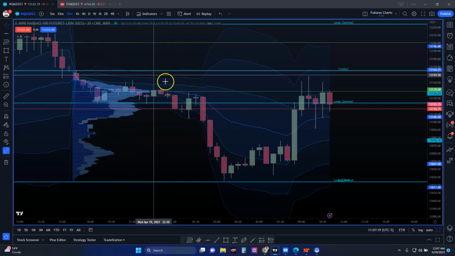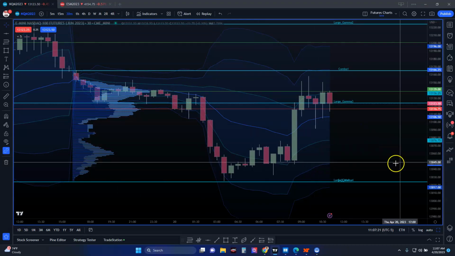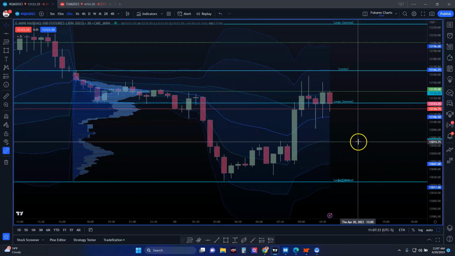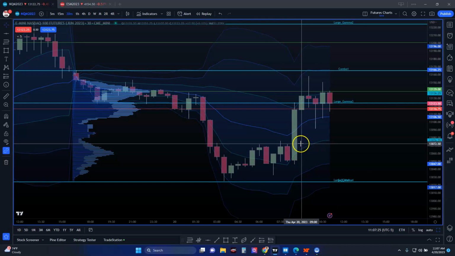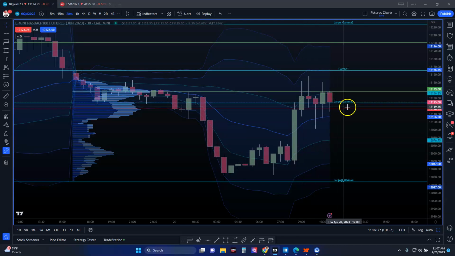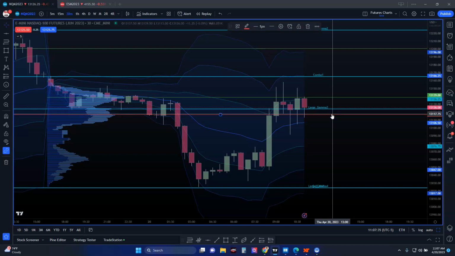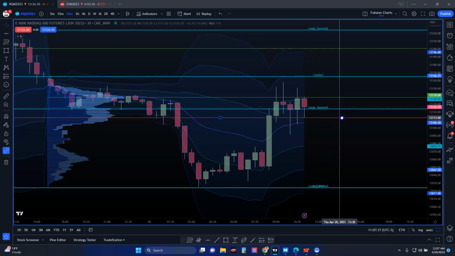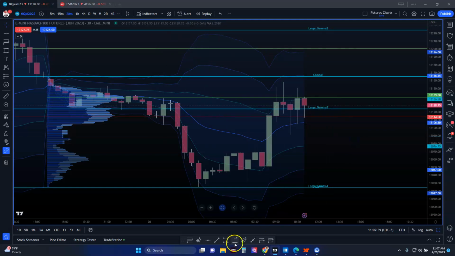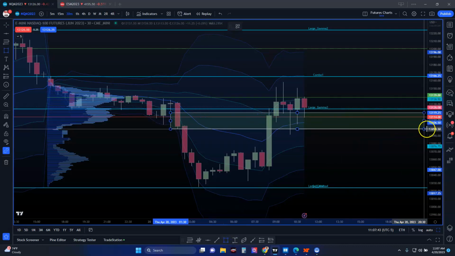You can put up a volume profile in 30-minute bars just to start getting the grasp of things. We broke up over here and I wanted to go long. So what happened is, if you have a line like this, say this line is a stop, you'd get stopped so many times before you're right. But what a spread allows you to do is, let's put a box, rather than a stop, it gives you a cushion, like a zone.